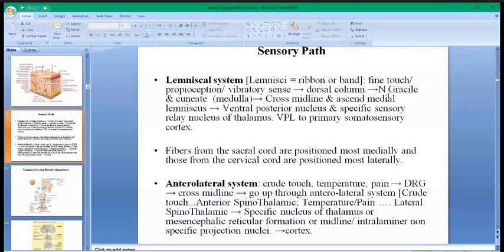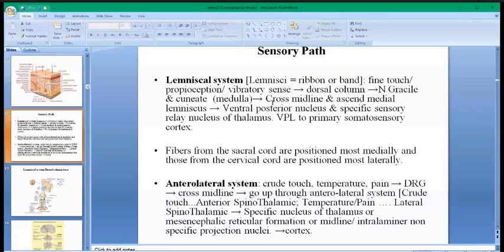Nucleus gracilis looks like a blade of grass, that is why it is called nucleus gracilis. And nucleus cuneatus looks like a cuneate, a triangular three-dimensional figure, and the nucleus looks like that, so it is called nucleus cuneatus.